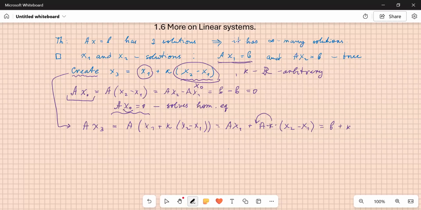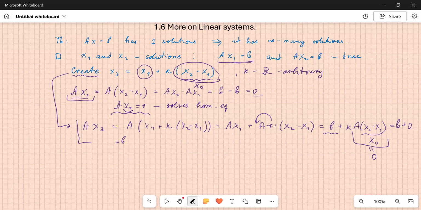So I can write k A (x2 minus x1), which I know is x0, and I know that Ax0 actually equals 0 from this part. Ax0 equals this 0. So I'm going to have b from here plus 0 from this side, which is going to give me b.